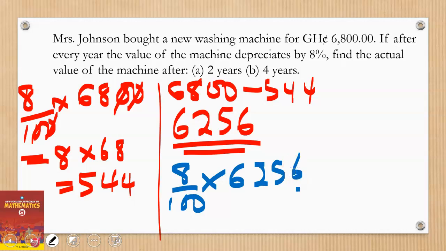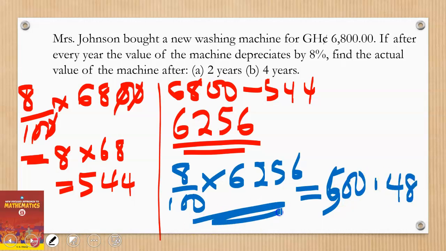Now, when we do the calculation from here, we will have 500.48. Take your time and do this simple calculation and see if you can get the same answer, 500.48.